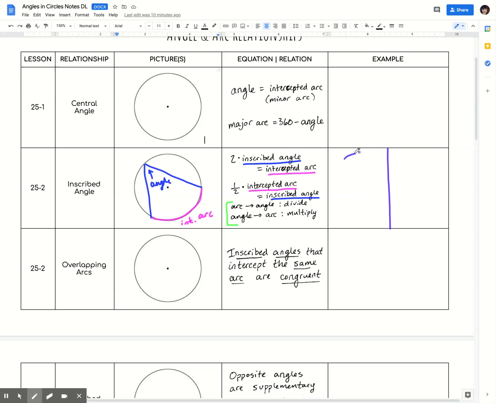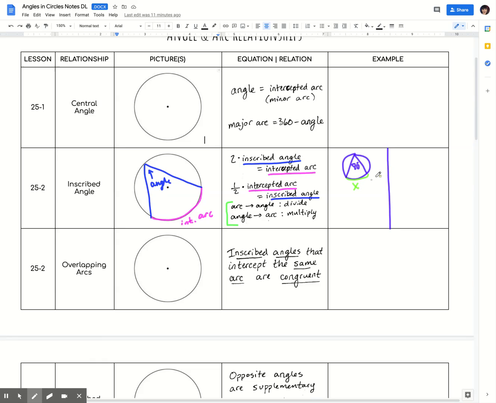So let me draw a circle here. Obviously, this is a very rough circle. But here's my intercepted arc and my angle. I'm going to tell you this angle is 80 degrees, and I want to know what this is.